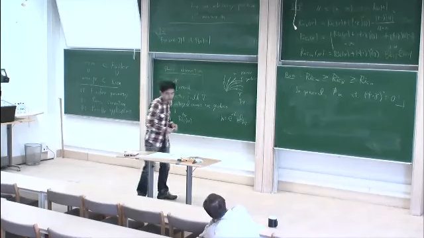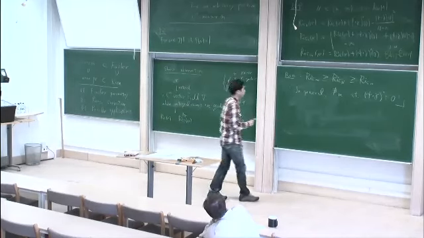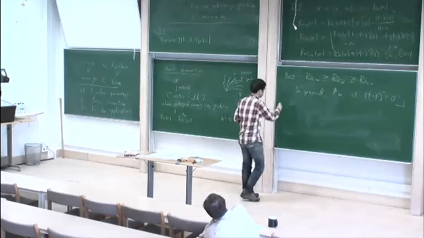Okay, so this is the definition of Ricci curvature, and now we know this Ricci curvature is a very nice and natural quantity because, for example, we have this kind of theorem.